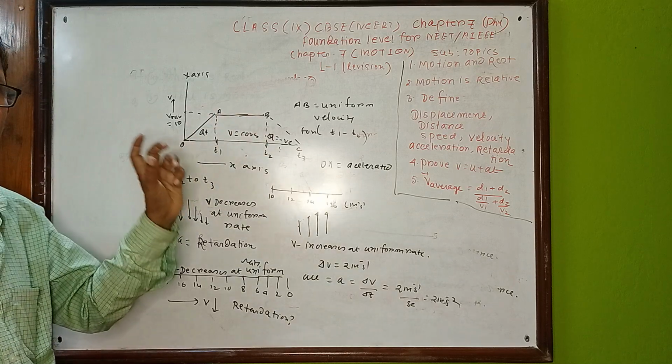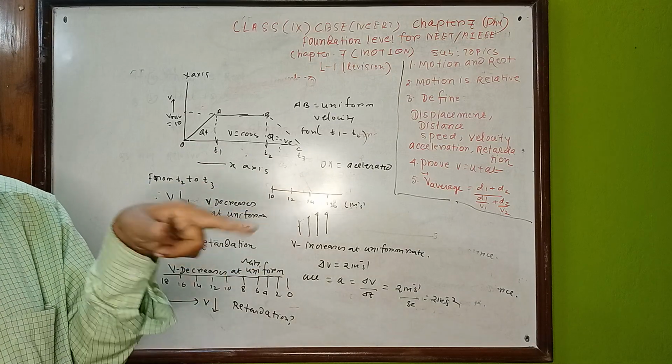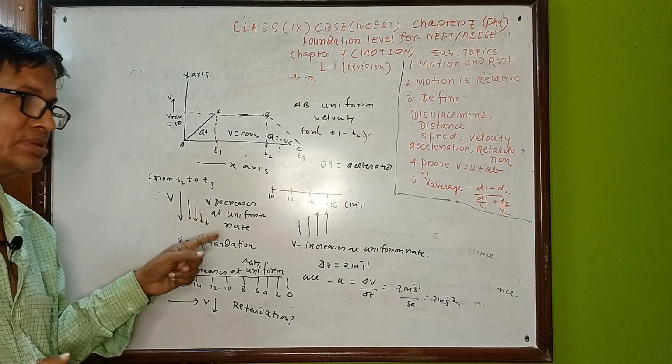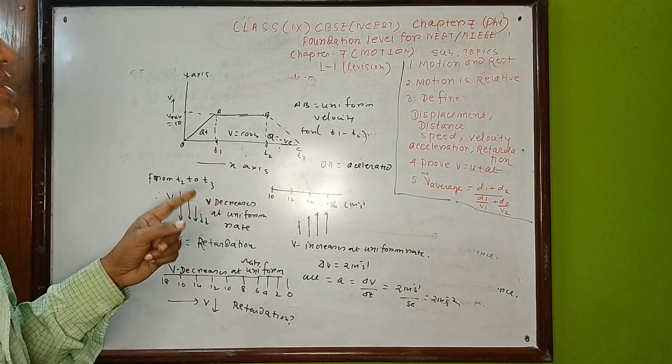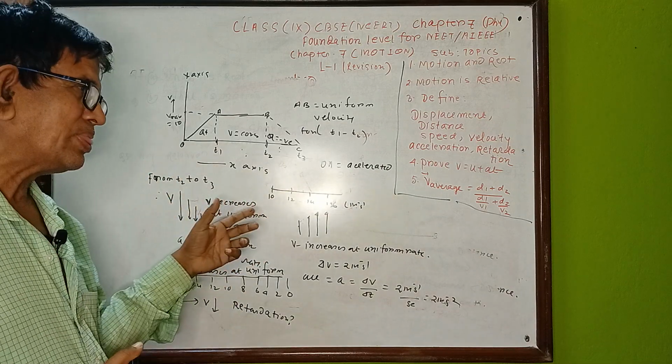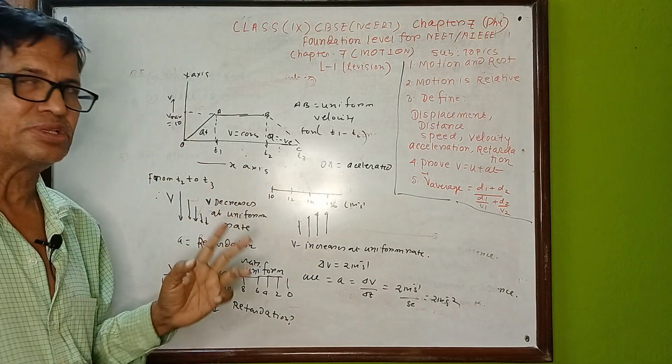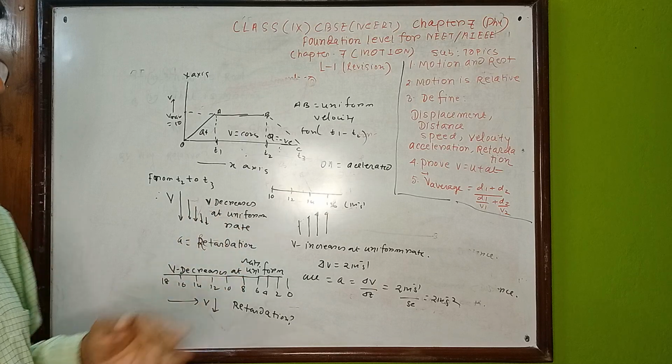That is the mixed motion: first acceleration, then uniform, then retardation. So in your examination paper this definition may come. Now remember, there is no motion where displacement is more than distance. There is no motion where distance is negative or speed is negative. And at a single point a particle cannot occupy two different positions or two different velocities.